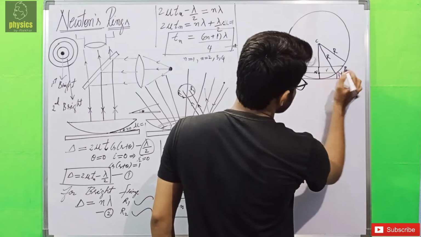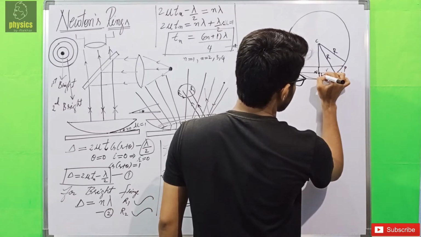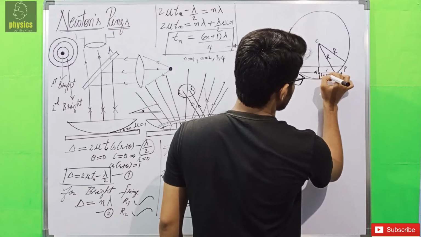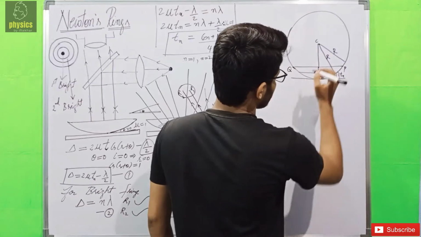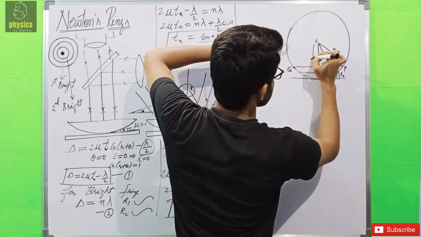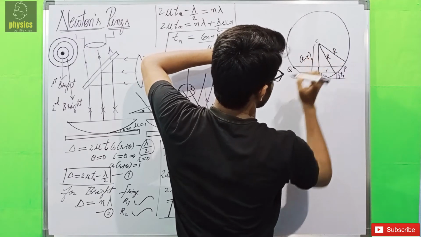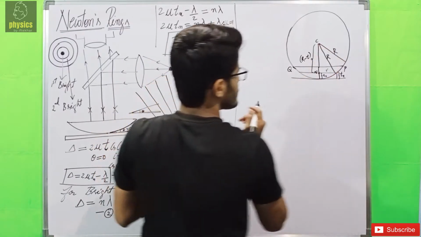So the thickness, if this is the thickness T, means the distance from here to there, it is also T sub n. So the distance from N to C is R minus T.